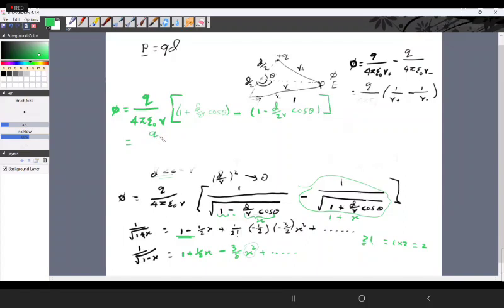So we can write it as q over 4 pi epsilon naught r. Here consider 1 minus 1, so this will be cancelled. What we have is d over 2r cos theta minus minus d over 2r cos theta.